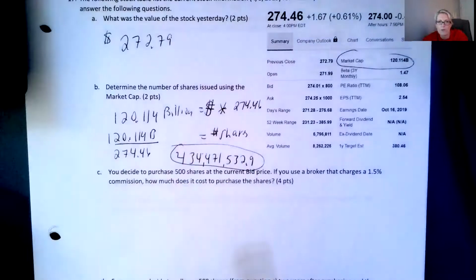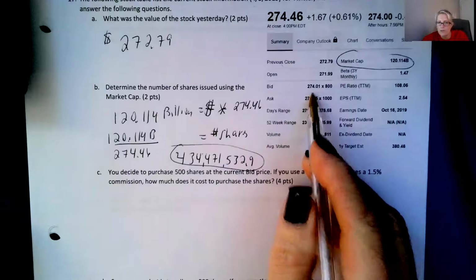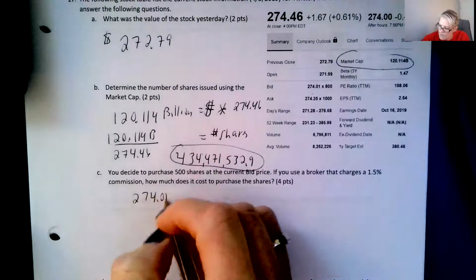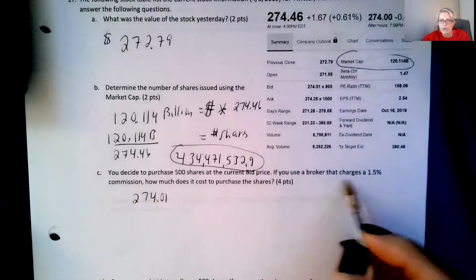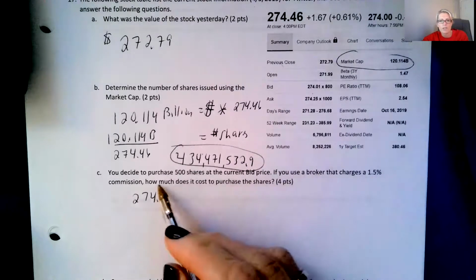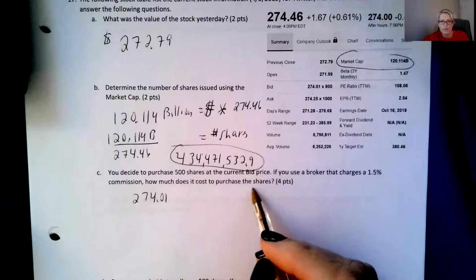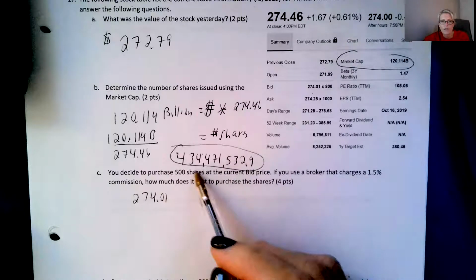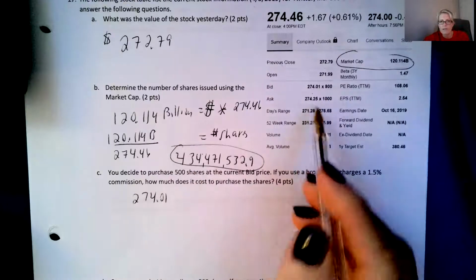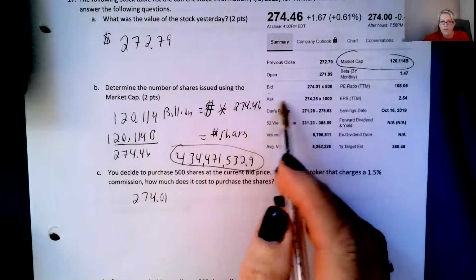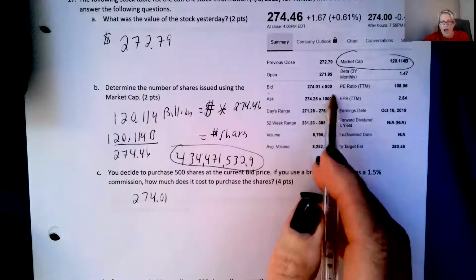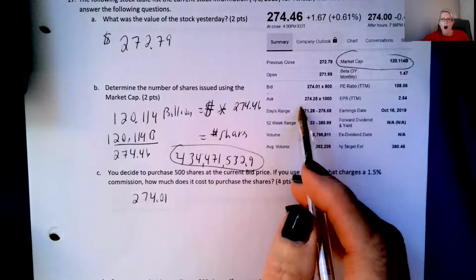Okay. Part C says, to purchase 500 shares at the current bid price, if you use a broker, so the bid price here is 274.01. If you use a broker that charges 1.5% commission, how much does it cost to purchase the shares? So we are purchasing 500, and we can purchase 500 because they are willing to sell up to 1,000 at a higher price.